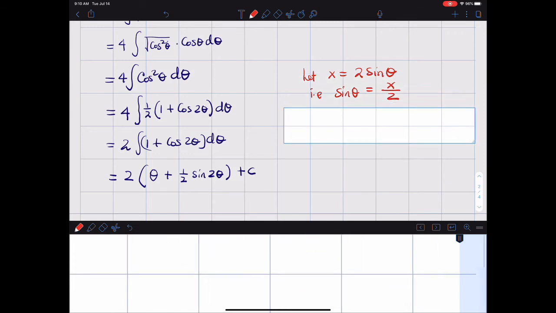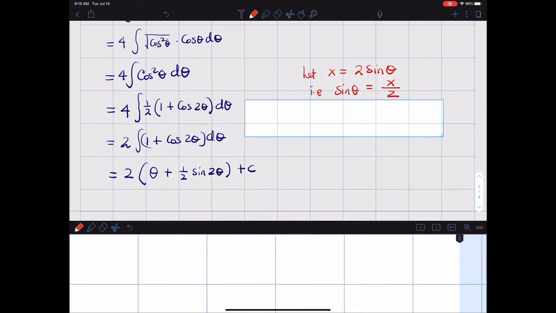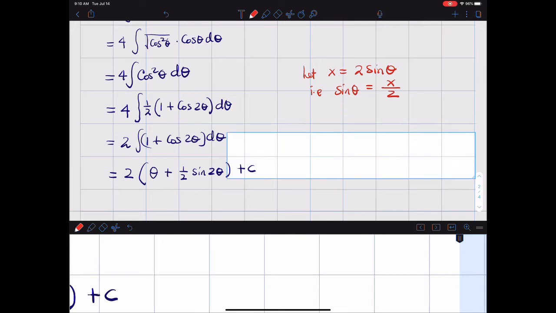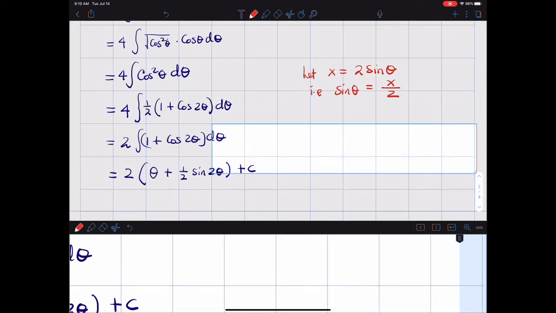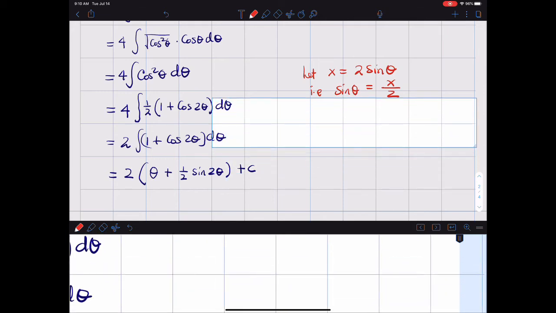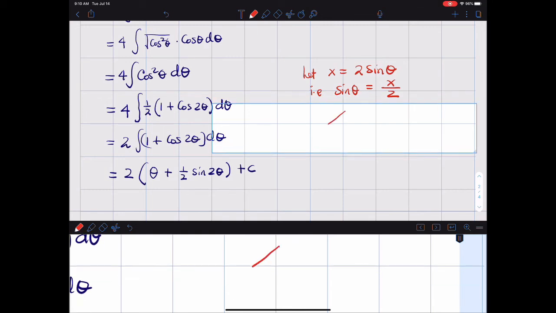So let's draw our triangle and see how that informs the dimension, the size of our triangle. If we draw our triangle like this, this is theta, then this is opposite, and this is hypotenuse. Okay?